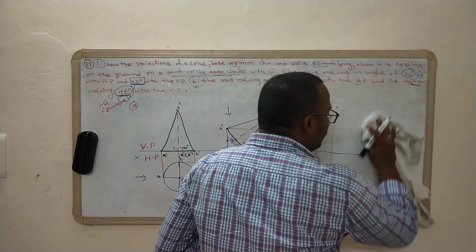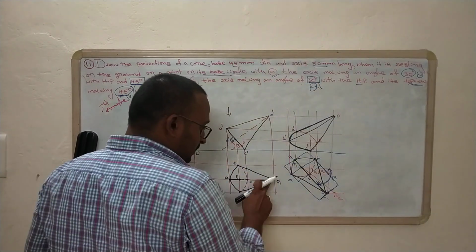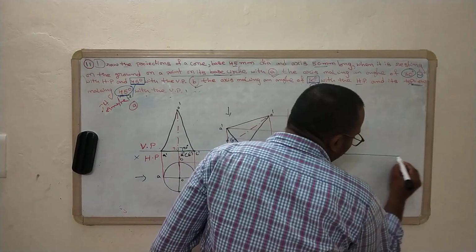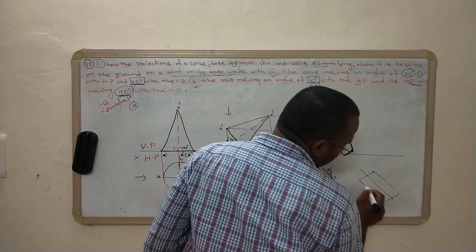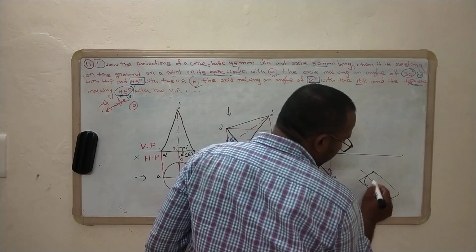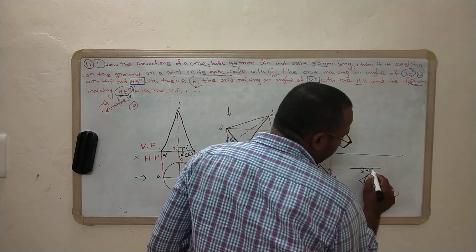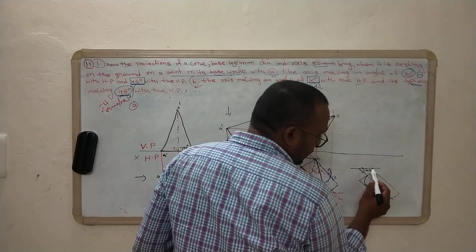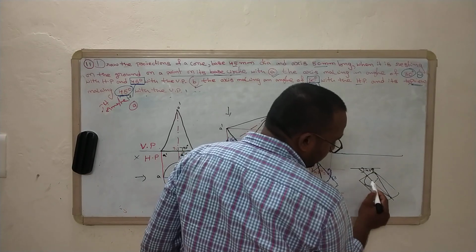Directly what we can do, with the 45 degrees inclination of the center axis, you can construct the top view, the same 45 degrees inclination, right? Directly you can construct it and then combine all of them.